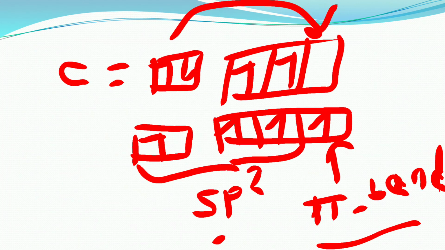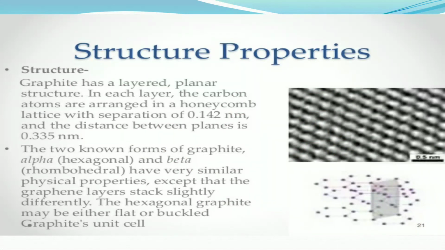Here this graphite has a layered planar structure, and in each layer the carbon atoms are arranged in a honeycomb lattice. You can see here the honeycomb lattice with a separation of 0.142 nanometer, and the distance between the planes is 0.335 nanometer.